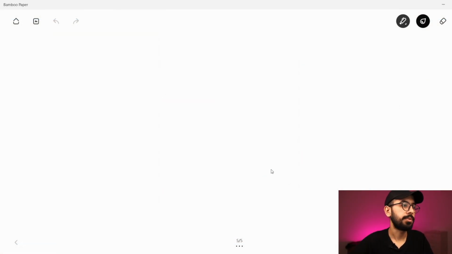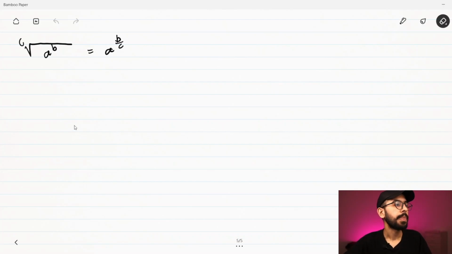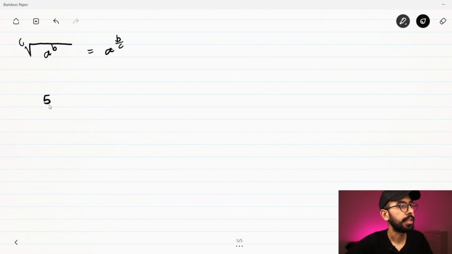Now let's jump to the fifth rule. In this rule, we can convert from a radical or root to an exponential, or a raised power. So let's say we have 5. This 5 is raised to the power of 2, and it is under a root of power 3.